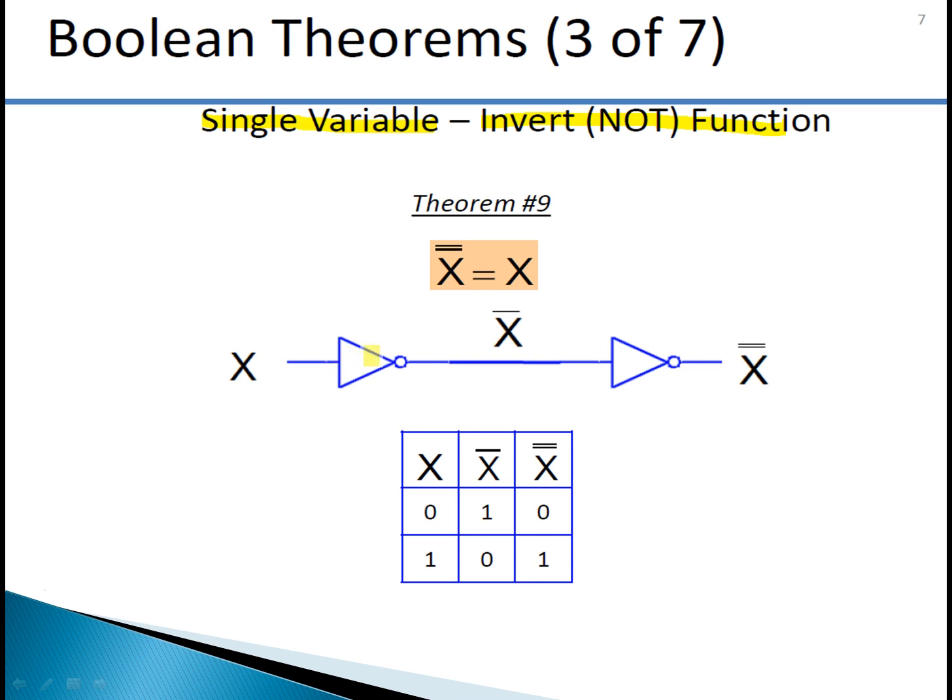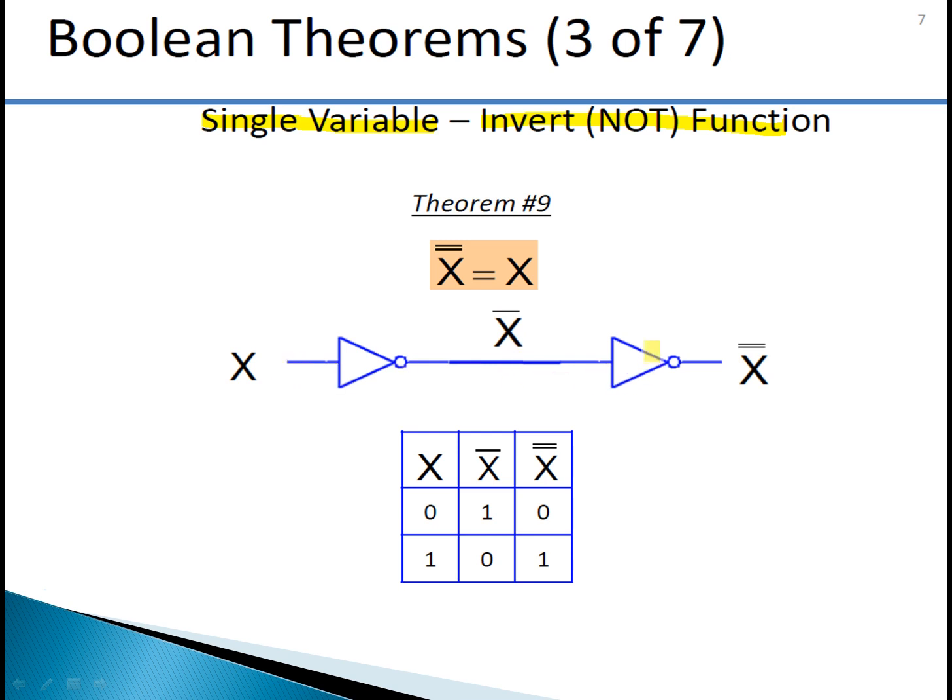So here this is the symbolic representation of inverter or not gate. So the input for this is x, the output of this gate is x bar, that is it's a complement of this input variable x.